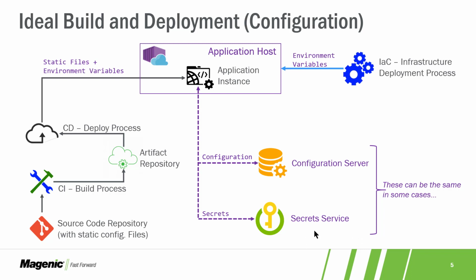And the care and feeding of those secrets and that configuration is an out-of-band process, typically managed through the same sort of process that you would go through for any infrastructure change, which is some sort of ticketing and accountability. We like to see configuration and secret services, for example, keep a journal of changes and who changed them and when.